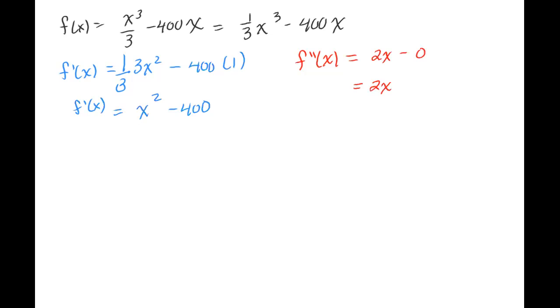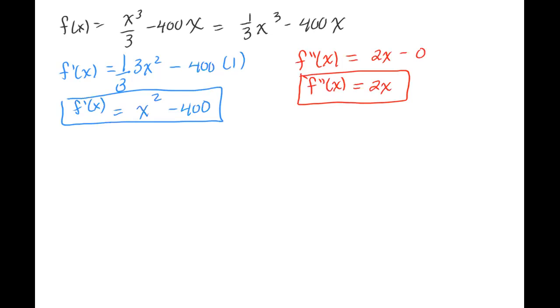So that's equal to 2x. f prime prime of x is equal to that. So I have my second derivative here, and I have my first derivative here. So I am set up to do all of the checklist items that involve those derivatives.